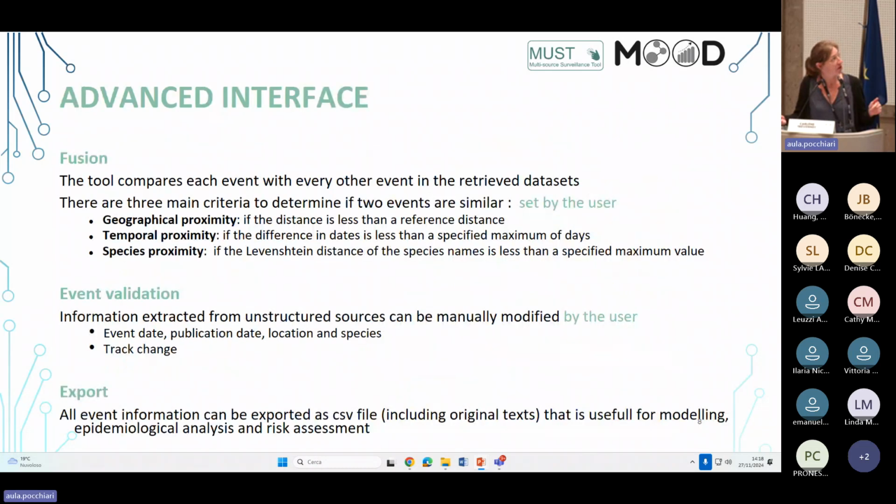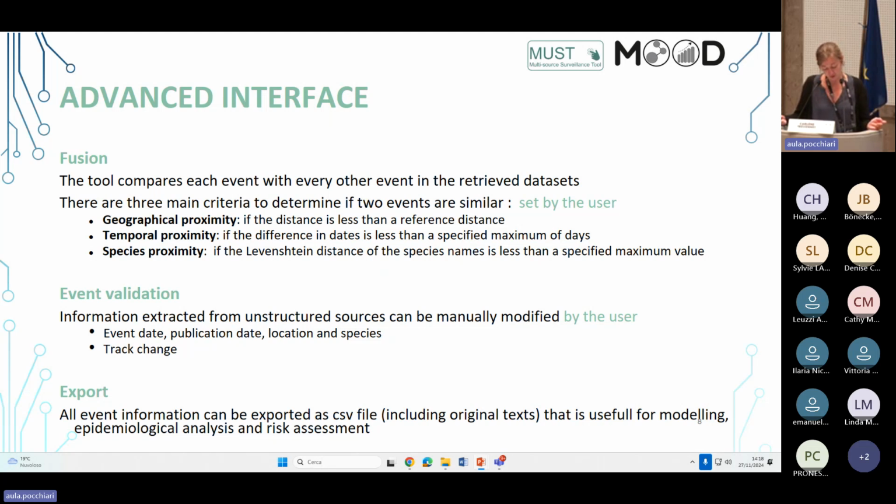Then in MUST AI, we also have an advanced interface, which is much more useful for epidemiologists. This advanced interface has three components. The first component is the fusion. Once we plot on the map events from PADIWeb, ProMed, and official data, we want to know if it is the same event.